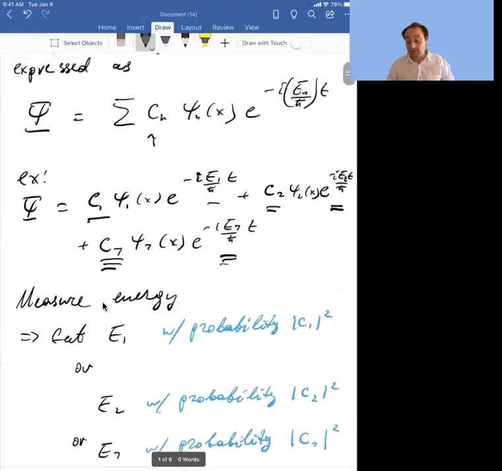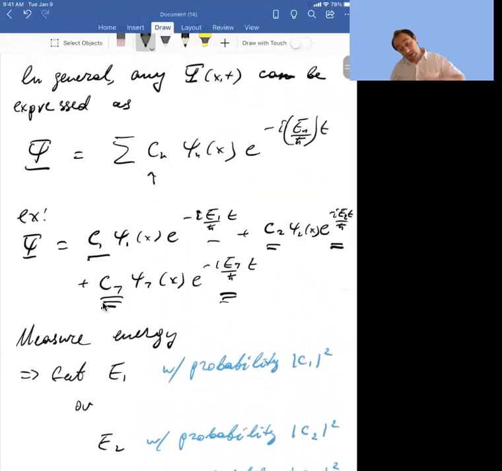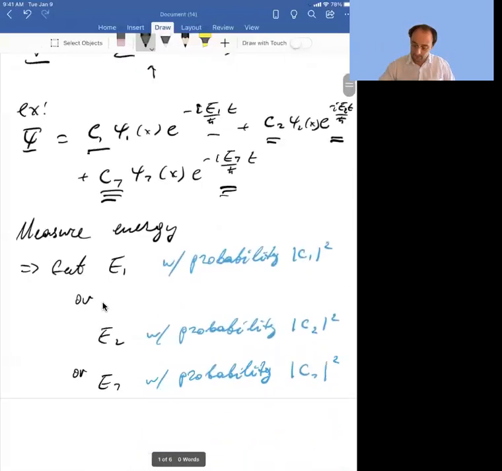If your wave function is a superposition of states of different energy, then if you measure energy, you would get one of the energies represented in the superposition, with probability given by the square of the magnitude of the coefficient that comes along with each particular energy. So you can see all these results are on the same footing.